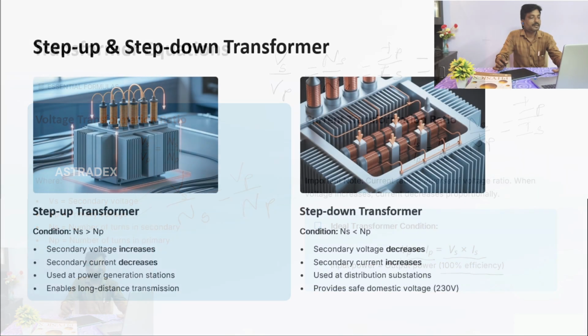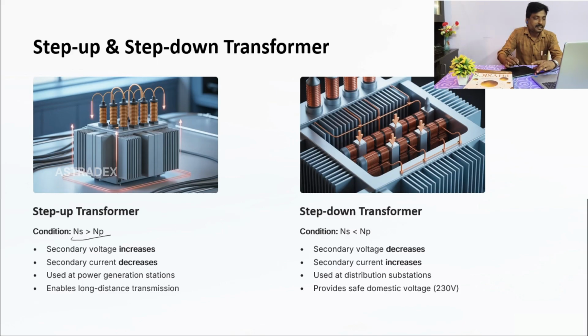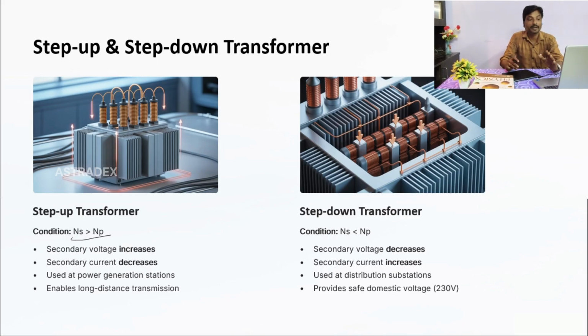Next one is types of transformer. Step up transformer and step down transformer. Actually, what do the step up transformer and the step down transformer do? Actually, the step up transformer condition is Ns is greater than Np. That is, the number of turns in the secondary coil will be greater than the number of turns in the primary coil.